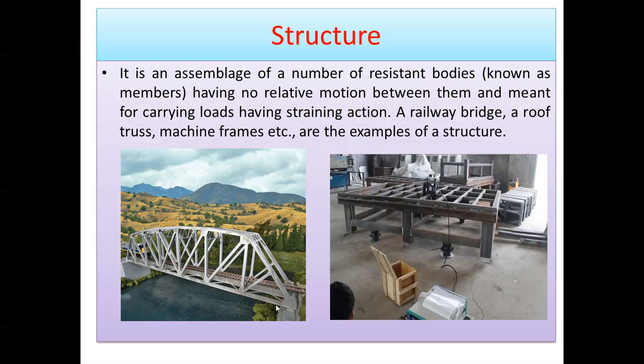With these figures you can say that a structure is an assemblage of a number of resistant bodies which have no relative motion between them and are meant for carrying loads having straining action. For example, a railway bridge, a roof truss, and a machine frame can be considered as structures. These are the examples of structures.